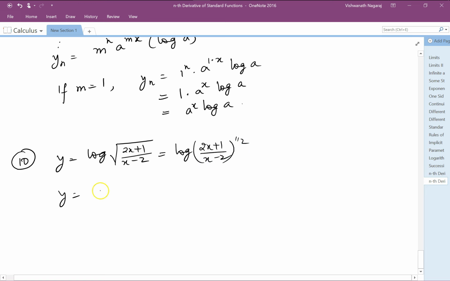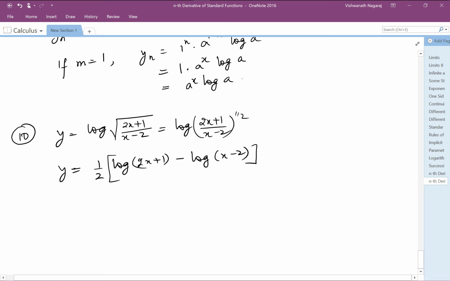So because of the properties of log, we can bring that half down. So half of log 2x plus 1, and the division becomes subtraction, so log x minus 2.